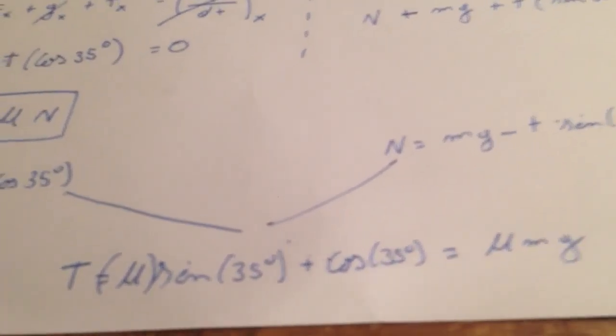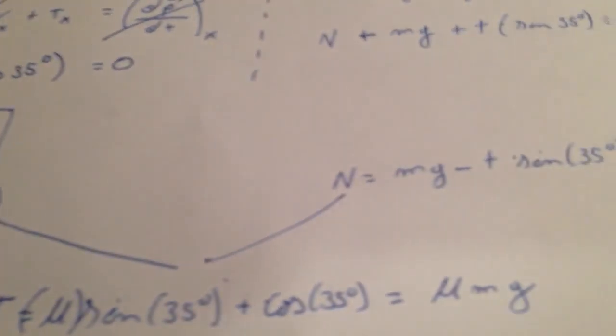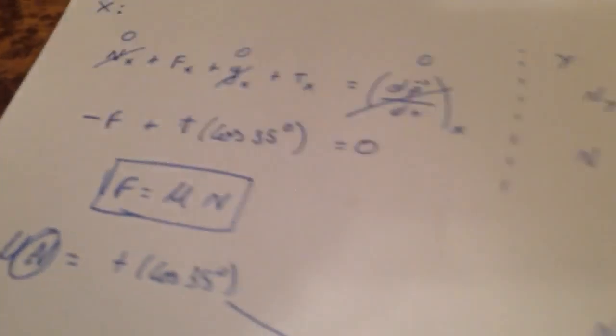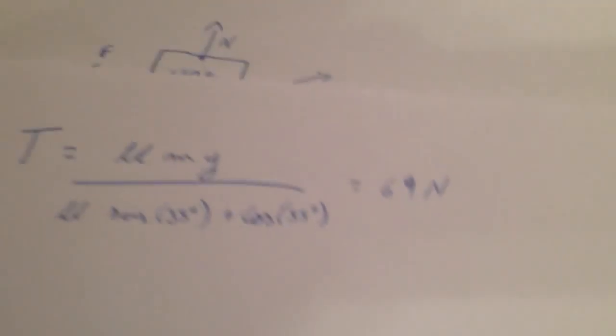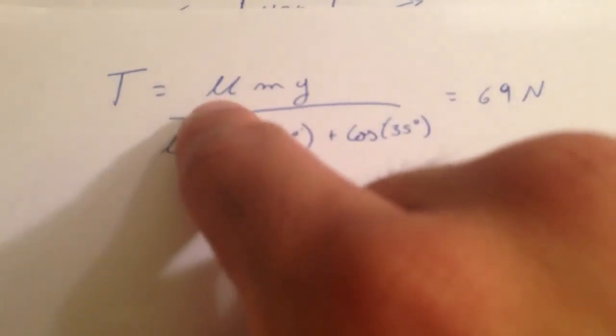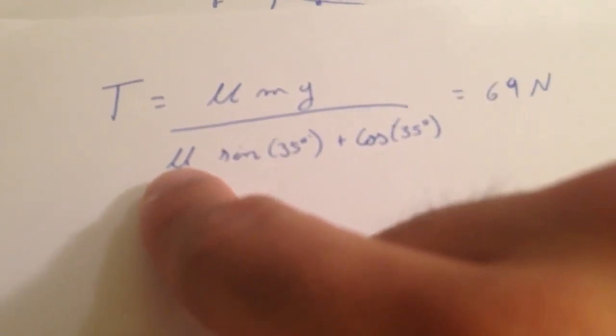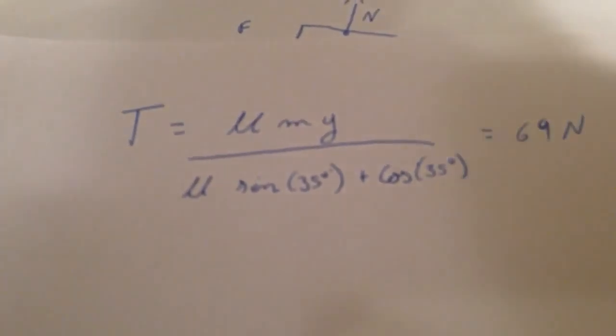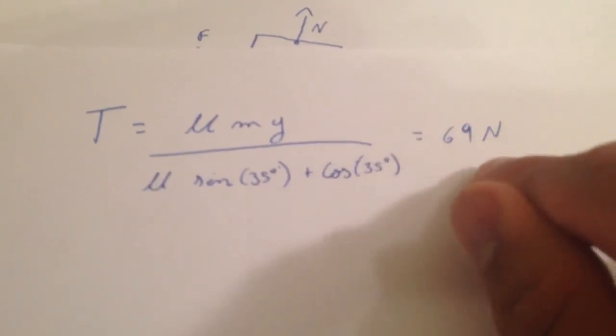This is very simple algebra: you plug in the N and separate. If you expand, collect all your T's, and take a T out, you get T equals the friction coefficient times mass times gravity, divided by the friction coefficient times sine 35 plus cosine 35. That's just a plug-in game where you plug in all your values, and you will get 69 newtons.